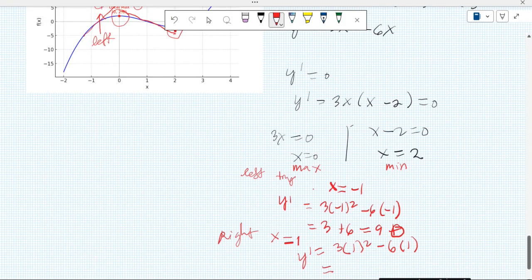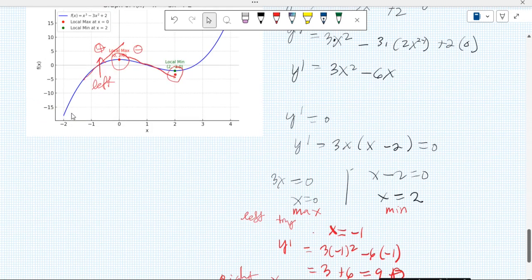That's essentially 3 minus 6, or negative 3, which is a negative number. And yes, we have a negative number here on the right side. So if there's a transition from positive to negative, then truly we have a local maximum.